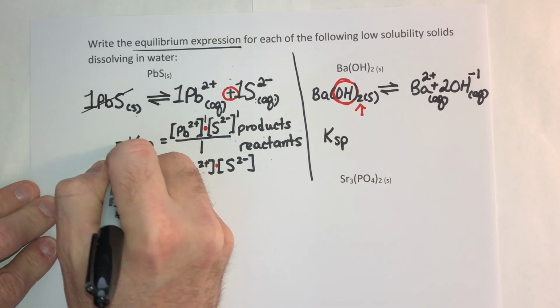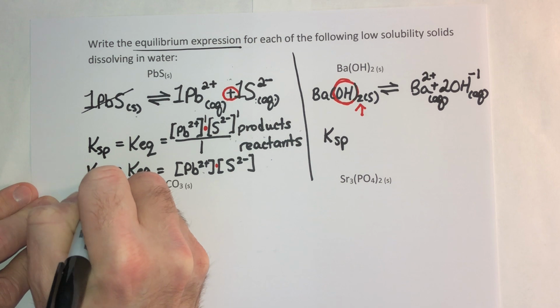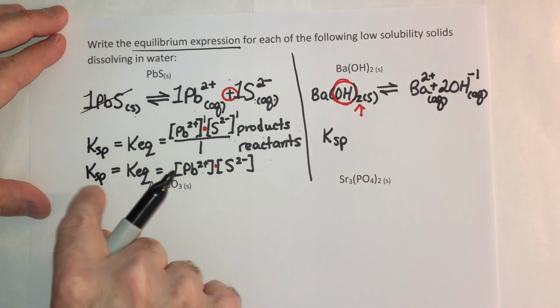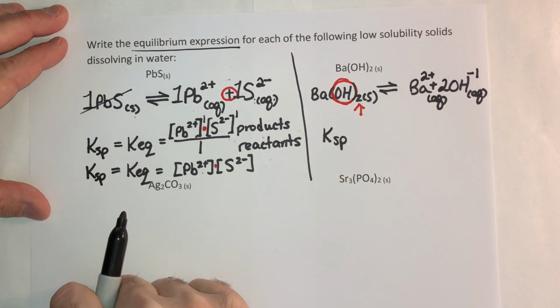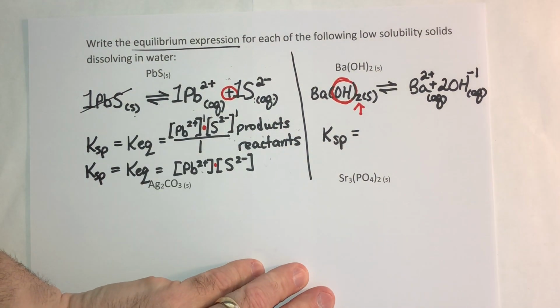For this one, I apologize, I should have called it KSP, because this isn't just any old equilibrium, this is a special equilibrium. And if it's a special equilibrium, it should have a special name, right? So it is KSP.